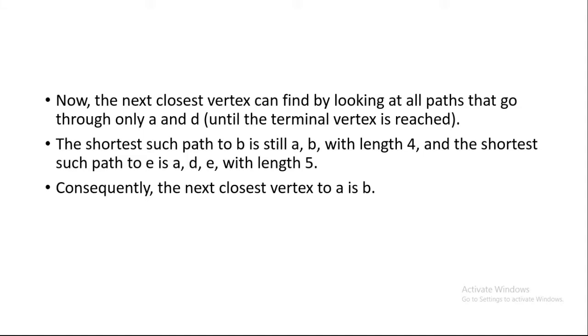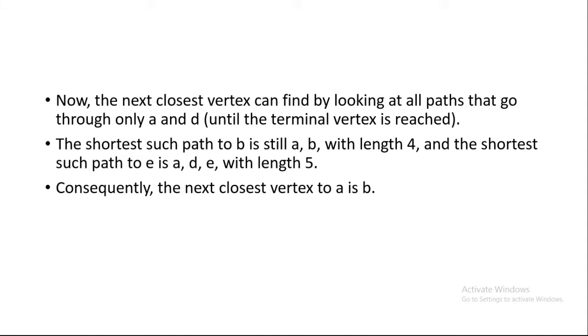We know that A is the source vertex, and we found D by finding the adjacent vertices B and D of A. We saw that the AB distance is 4 and the AD distance is 2. So what is the shortest? 2. That's why we found that D is the closest vertex to A.